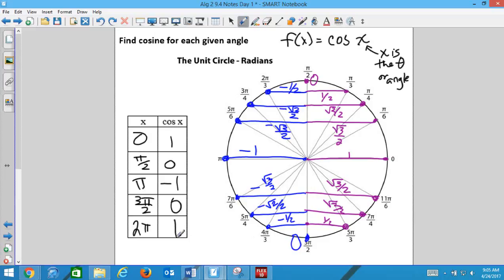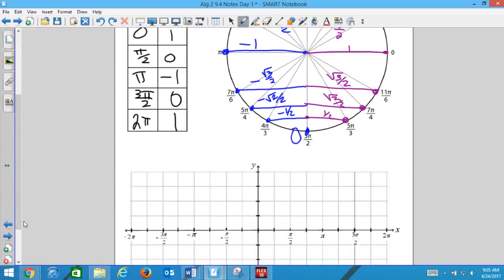So we're going to graph those. And we're going to also graph the pi over 4s just this one time, just to give us a nice picture. You don't always have to graph the pi over 4s, but it's the first time in class we'll do it. So I'm going to graph 0, 1, pi over 2, 0, pi, negative 1, 3 pi over 2, 0, 2 pi, 1.